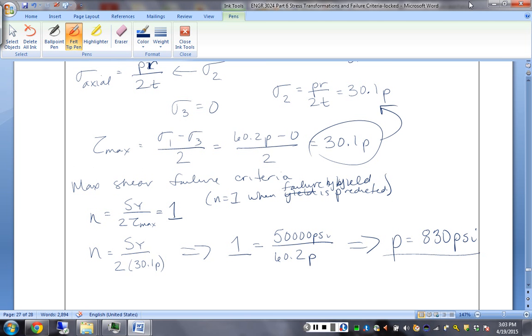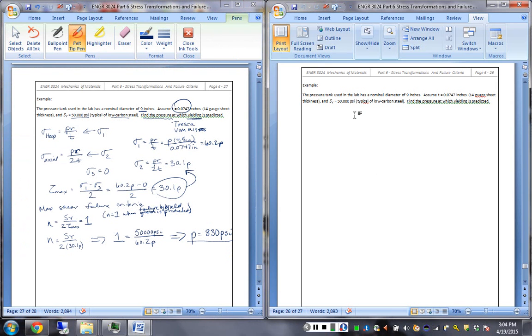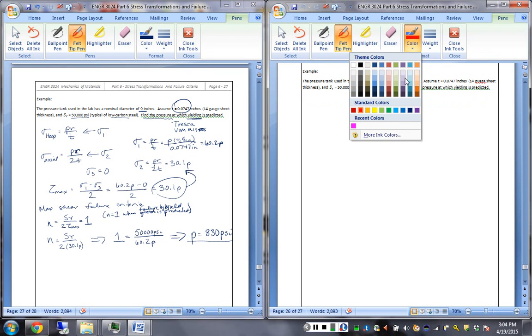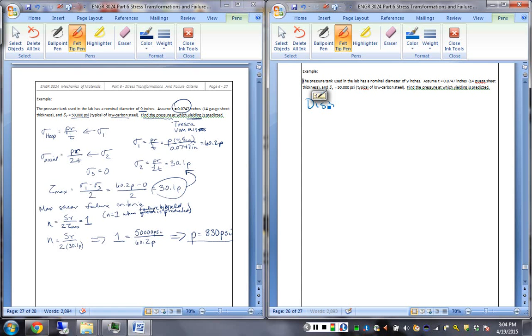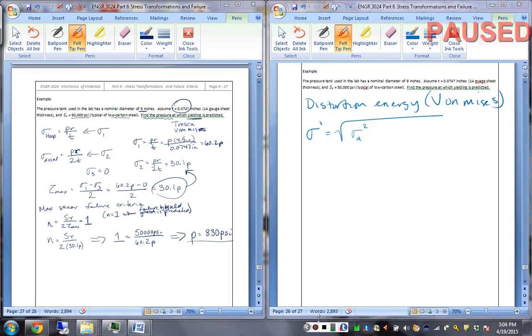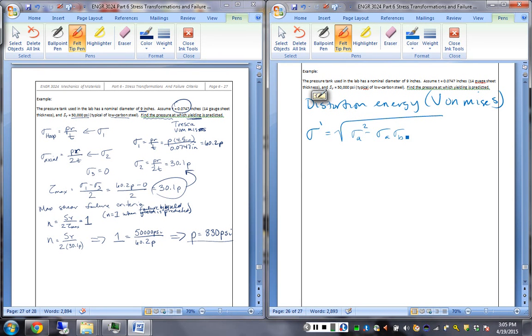Alright, so now leaving that, if we use the same loading situation and look at the von Mises criteria, distortion energy, or von Mises, we need to find our sigma prime, which is the square root of the first principal stress squared minus the product of the first and second principal stresses plus the second principal stress squared.